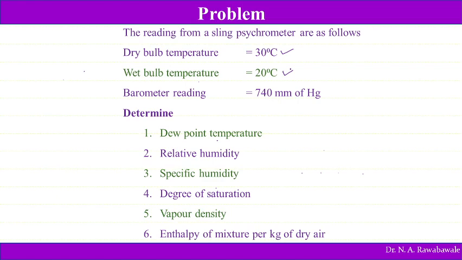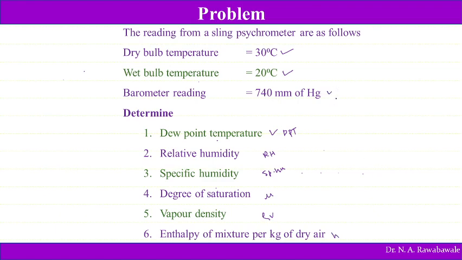Then we are asked to find the following parameters: dew point temperature, DPT, relative humidity, specific humidity, degree of saturation mu, vapor density, and enthalpy H. So these things have to be obtained.